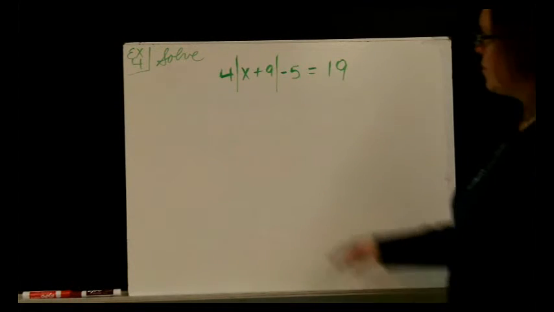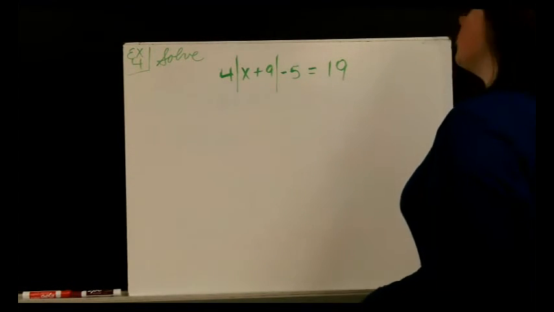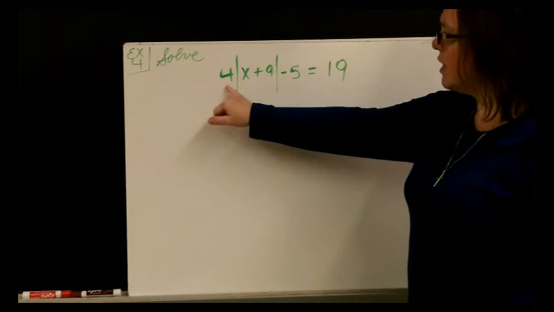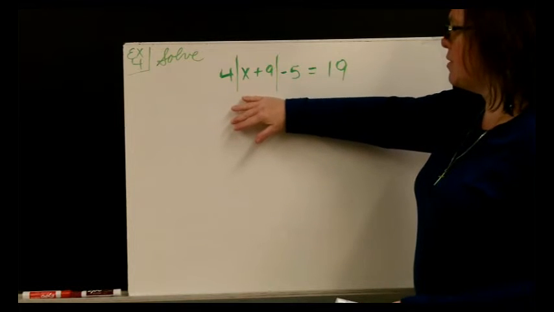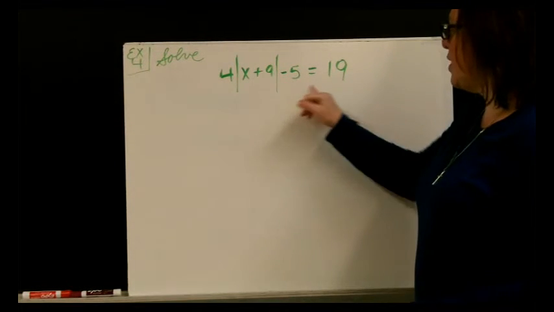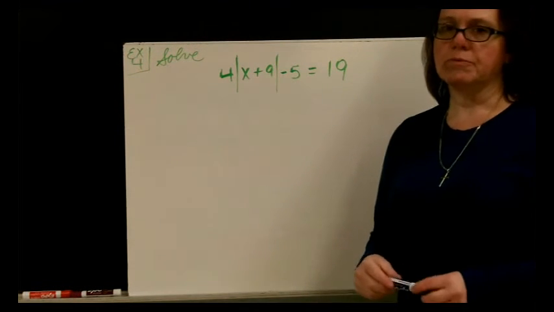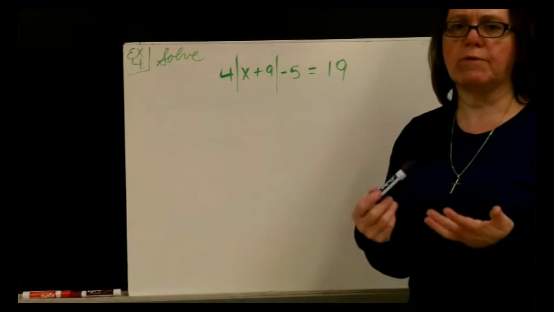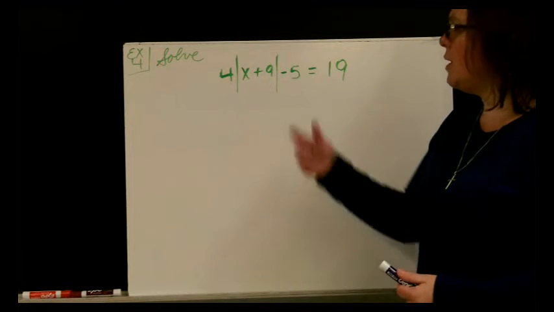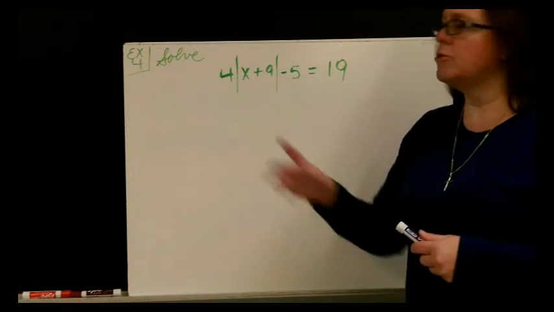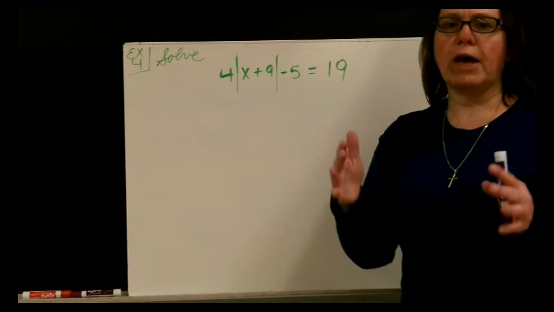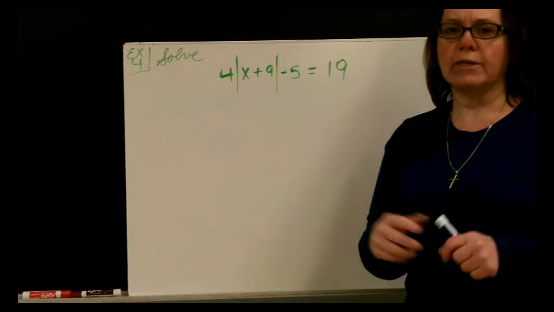Okay, this is a little different. Notice we have extra pieces here. In example 4, we have 4 times the absolute value of x plus 9, minus 5, equals 19. So in the way that when we solve equations, we want to get the variable by itself, our first goal, since we have these extra pieces here, is to get the absolute value expression by itself.